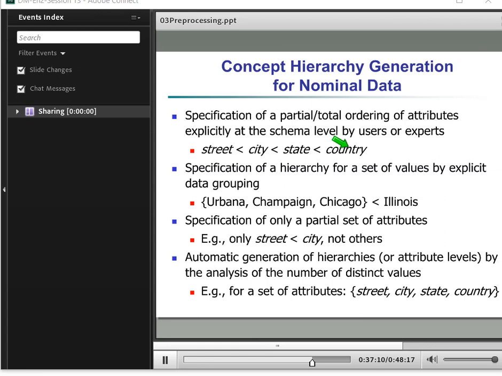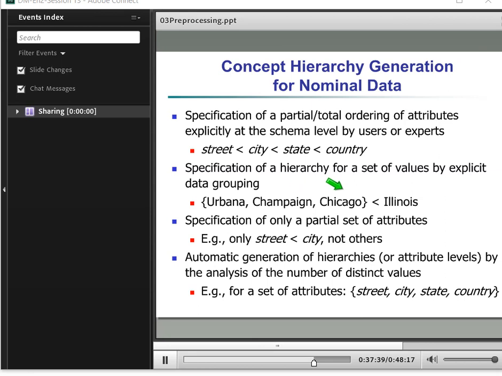For example, here, street, city, state, and country. There are 4 different options. Each of them stands in a specific level. And when you want to talk about the values, it depends on the level that you select.